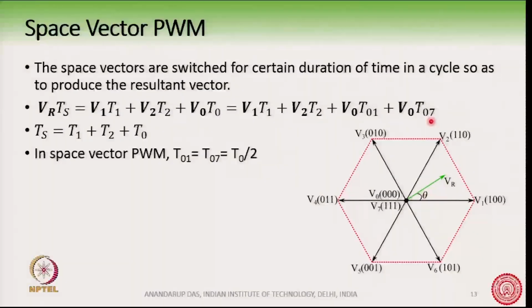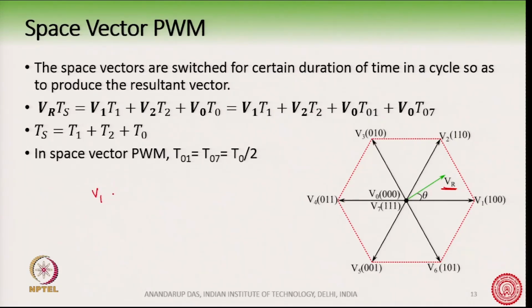So, both the 0 vectors are used, and they are used half of the time during the 0 period. T01 is one 0 vector timing duration, while T07 is the other 0 vector timing duration, and they are usually made equal, that is T0 by 2.